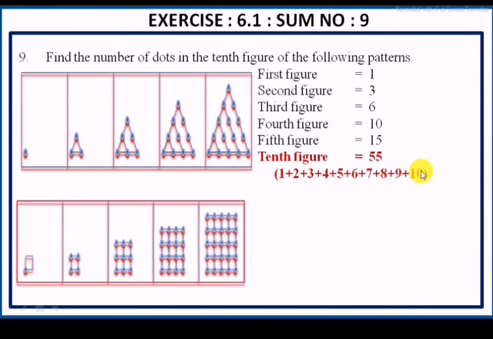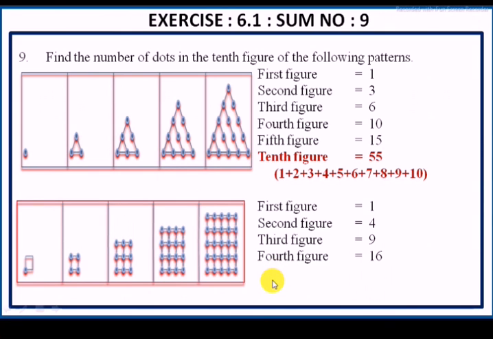So when you add them, you get the answer to be 55. So the second pattern, you have 1 dot, then you have 4 dots, 9 dots, 16, 25. So these all look like the square numbers. So the 10th pattern will be 10 squared, which is 10 into 10 is 100.